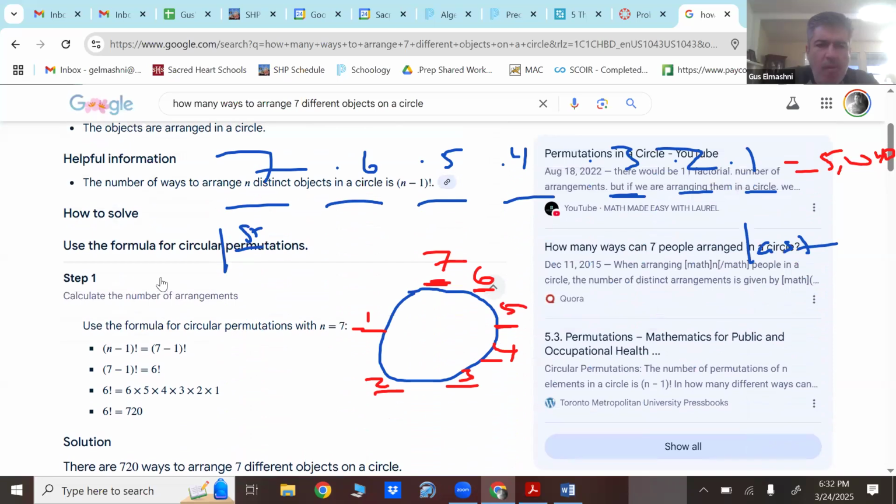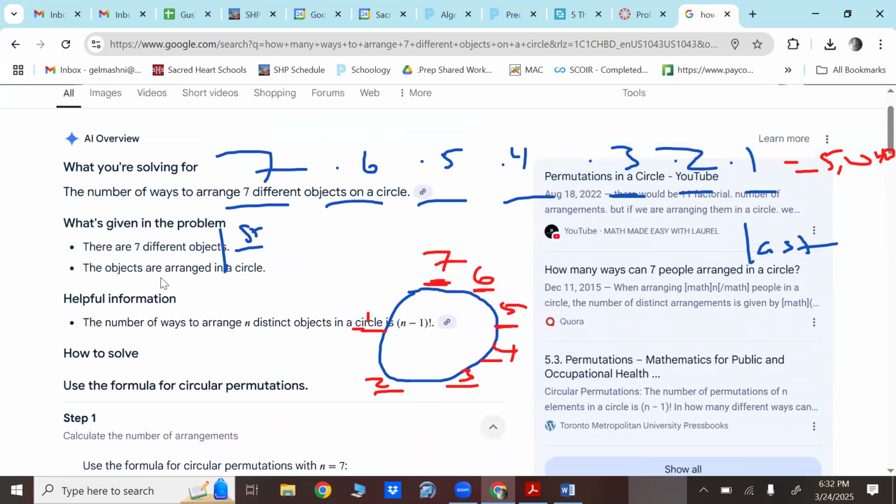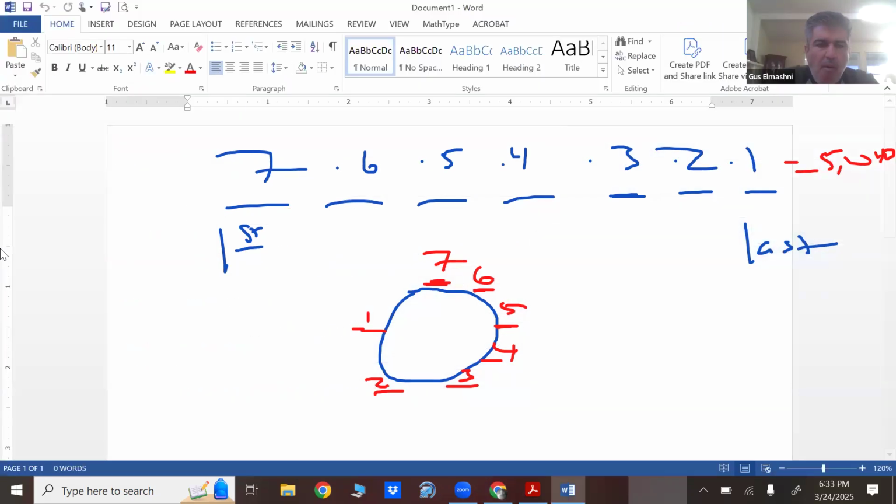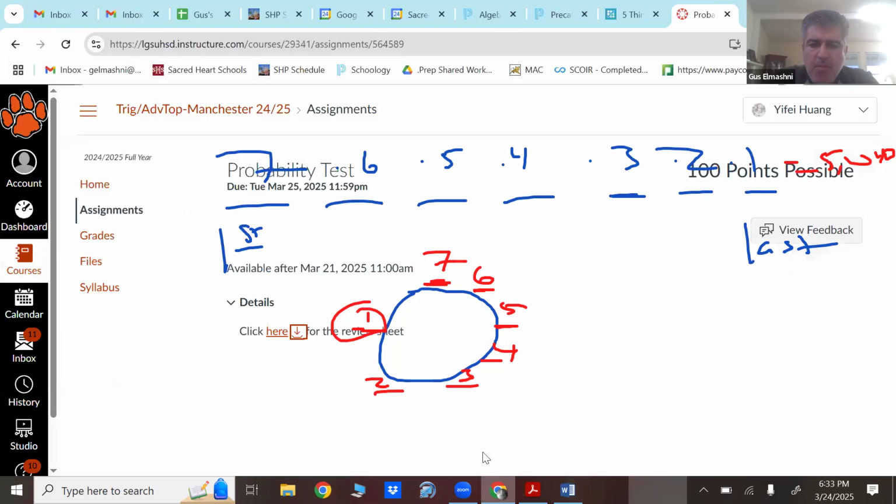I'm pretty sure for a circle, it's just n minus 1 factorial. Yeah, exactly. Because I guess then you're kind of stuck in that position there. So this looks up really fast. I'm just kind of curious.